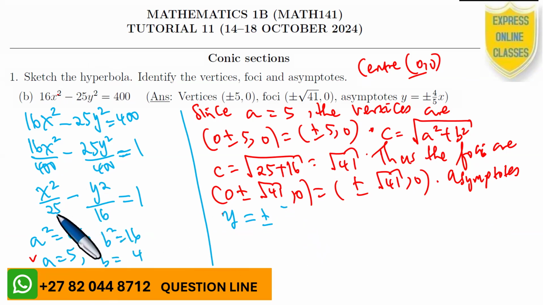But obviously because the x is first, it becomes the other way around. So it becomes b over a, so it becomes 4 out of 5x. But how do you know if it's b? This one is like y is plus or minus b over a.